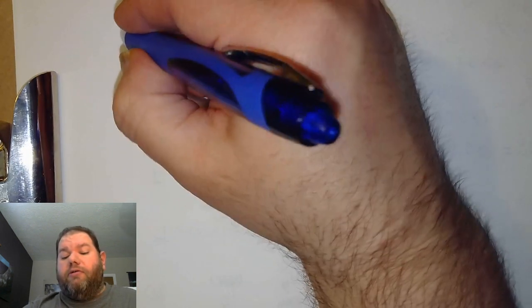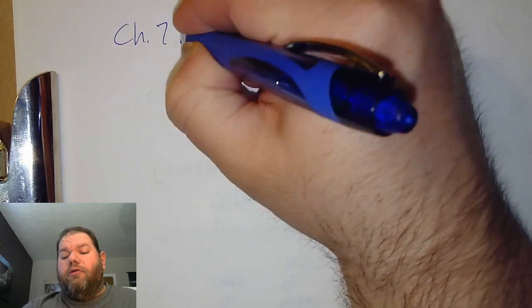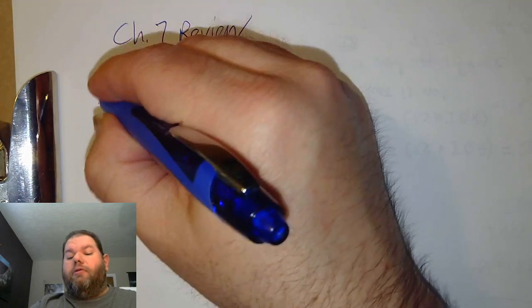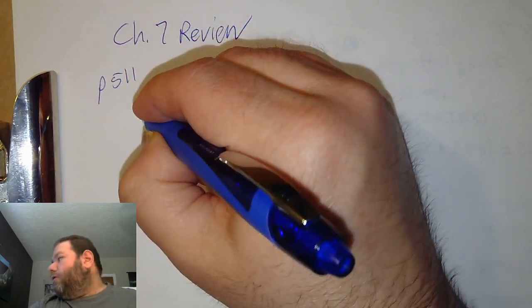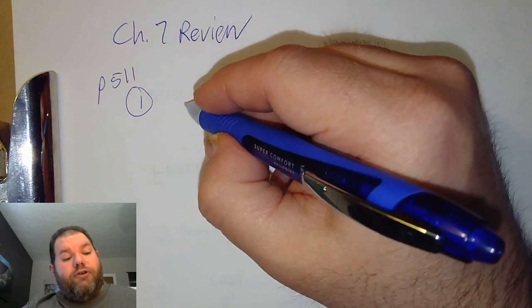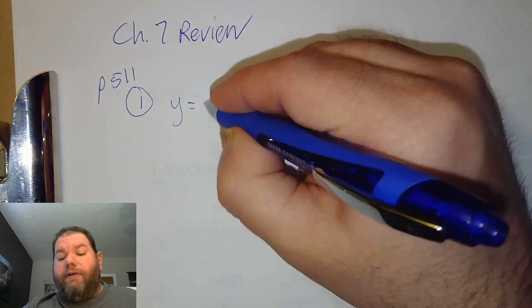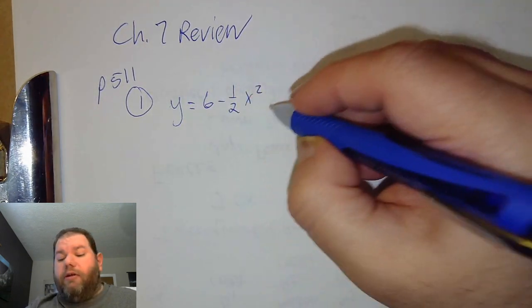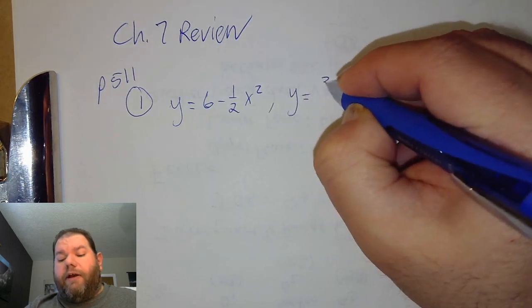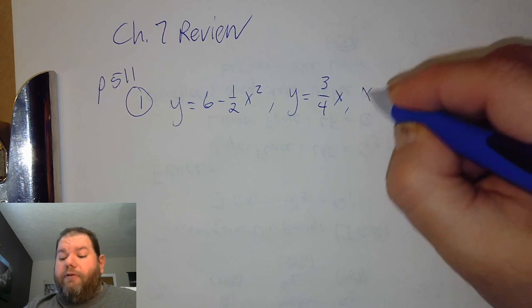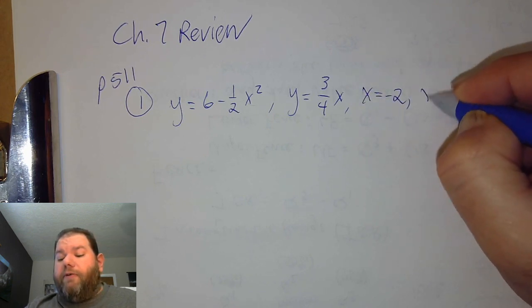This is on page 511 that we're starting. And we have number 1. We're given the equations y equals 6 minus 1/2 x squared, y equals 3/4 x, x equals -2, and x equals +2.